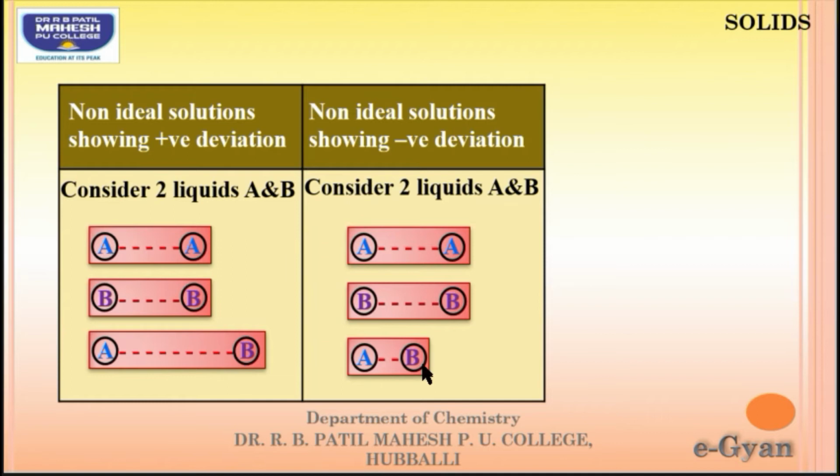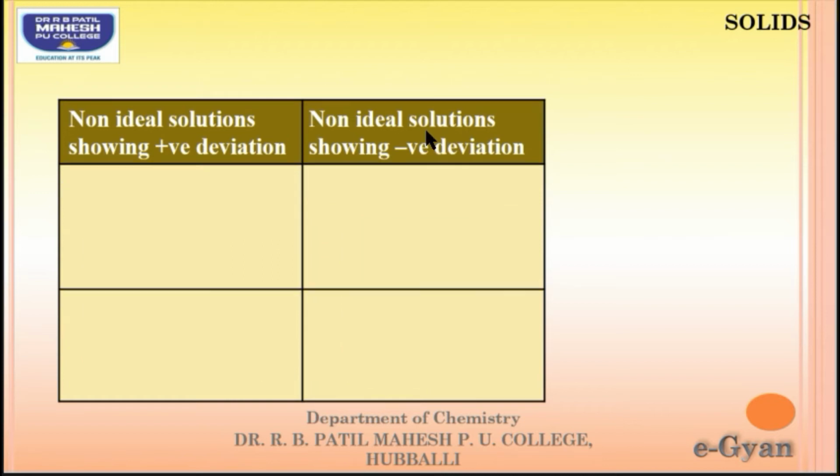Whereas in the second case, the force of attraction is very high, so the molecules will be very close. Due to this reason, the non-ideal solutions will show two types of deviations from Raoult's law. If the interaction is very weak, it will show the positive deviation, and if the interaction is very high, it will show the negative deviation.